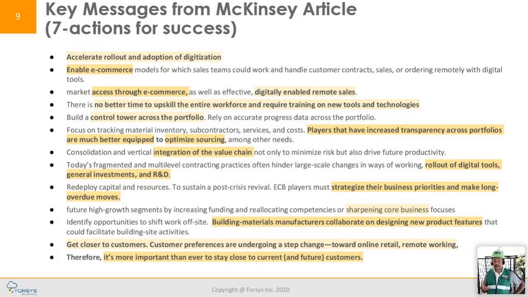We also really need to look at the integration value chain, rollout of digital tools, R&D investments. All of these are challenges that we can embrace using technology. And today's conversation is about how can you leverage technology to get closer to your customers, making sure the customers' preferences are accounted for.